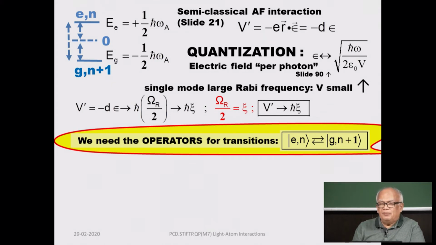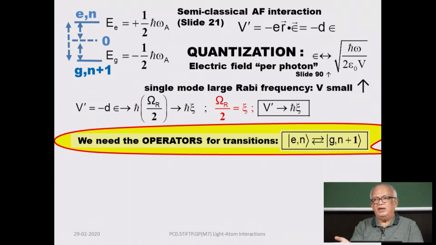So, what are you doing? You are raising the atomic system from ground to E. In the reverse process, you are lowering the state of the system from E to G, right. That is what you are doing to the atom. What are you doing to the field? In one case, you have destroyed a photon, you have absorbed the photon.